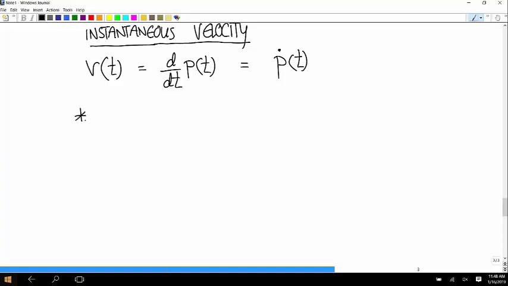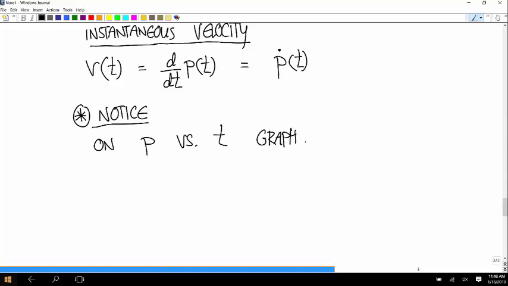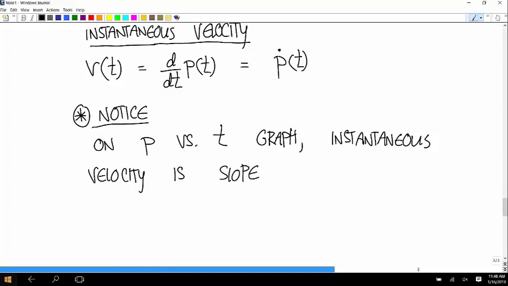And so notice that means that on the position versus time graph, which is something we're going to see a lot, the instantaneous velocity is the slope at the chosen instant.